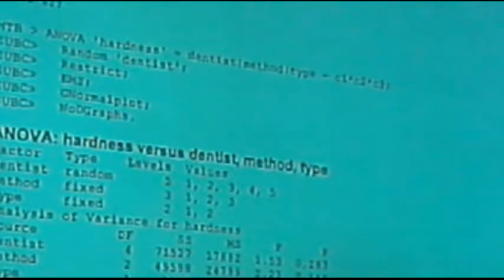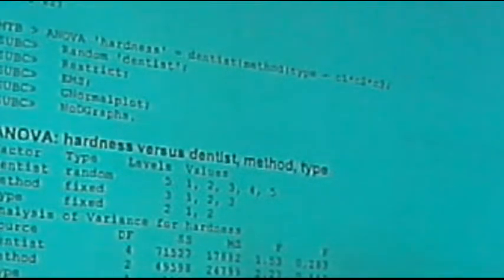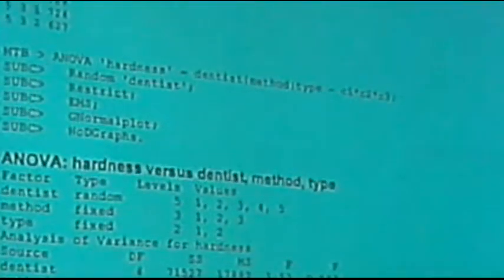So if I divide that into 31,000, I get a little less than 3, which is the F. If I divide that small mean square by that, I get something rather small, maybe 0.2. And if I divide that one by 11,000 something, I get a little less than 1. 0.93 seems reasonable. So anyway, I think the program did the right denominators that it's telling us it's doing, and it computed that work there.